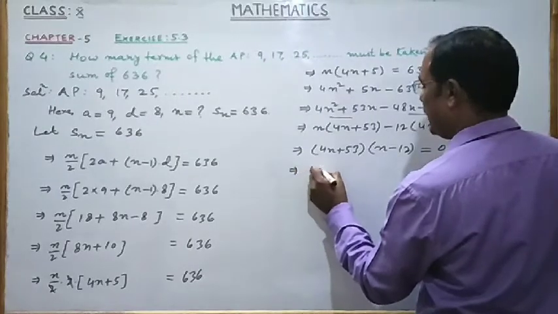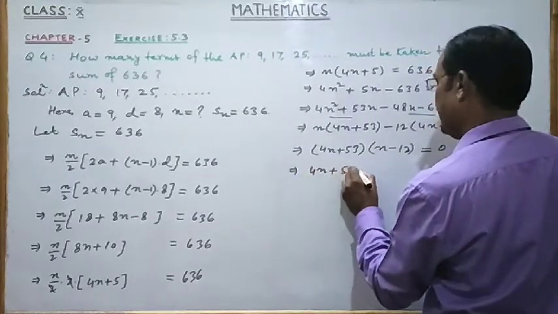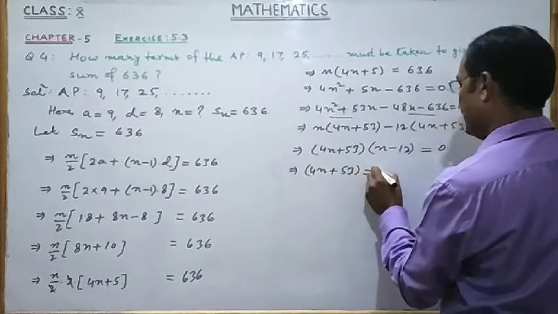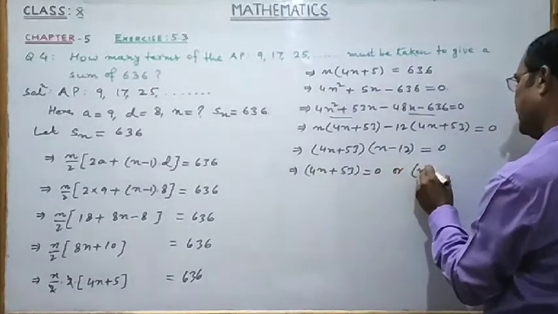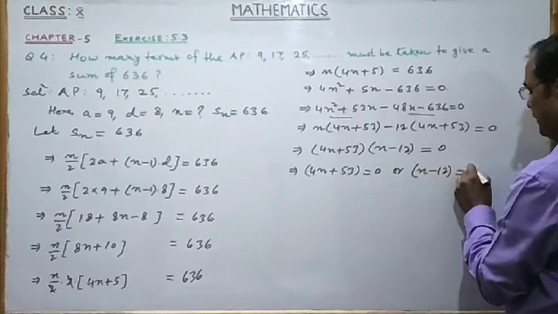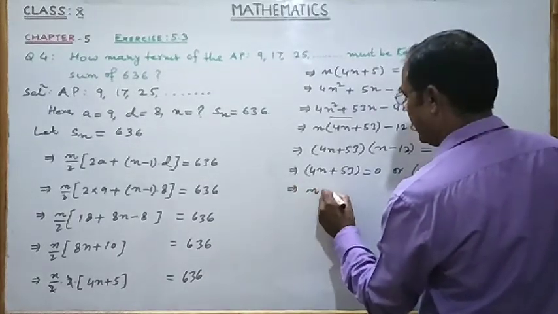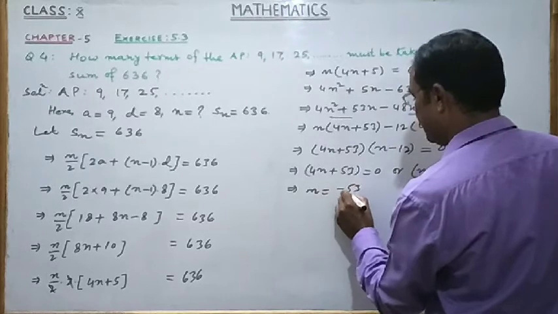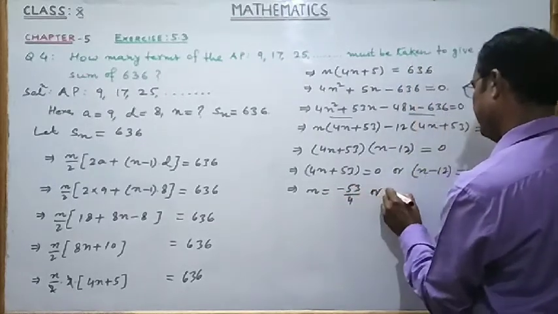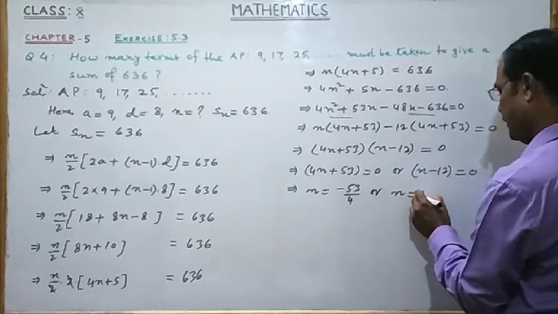That means 4n plus 53 equal to 0 or n minus 12 equal to 0. Solving these equations we get n equal to minus 53 by 4 or n equal to 12.